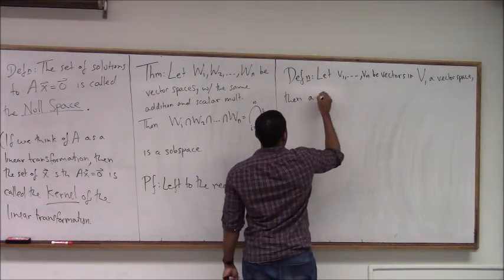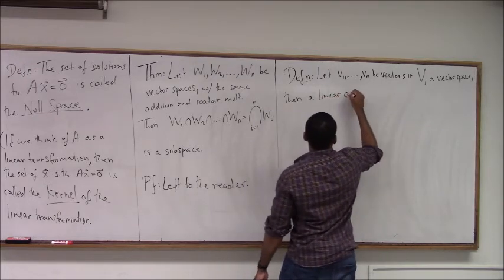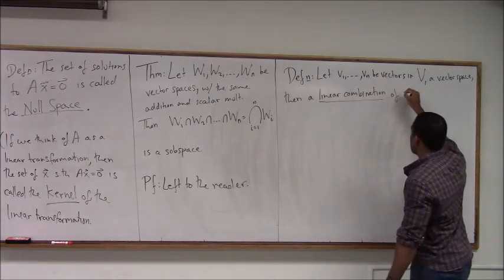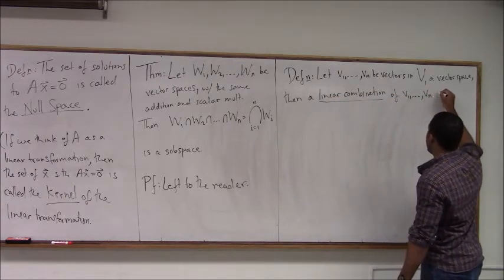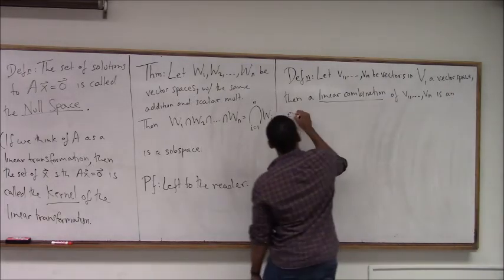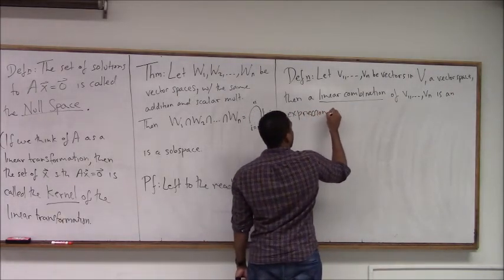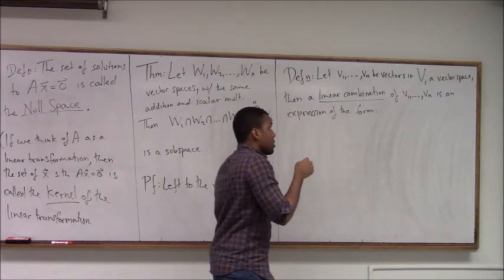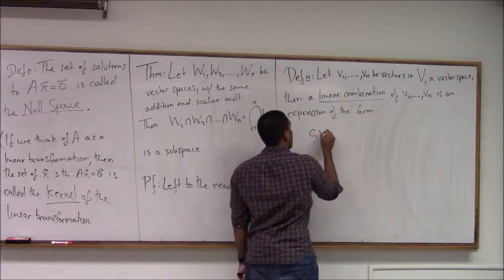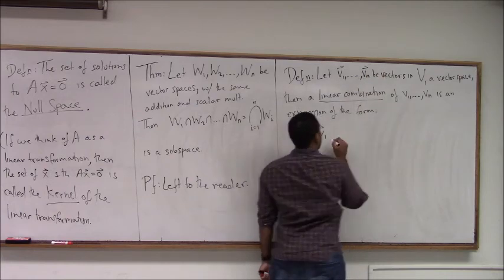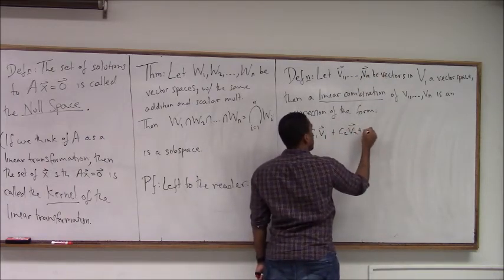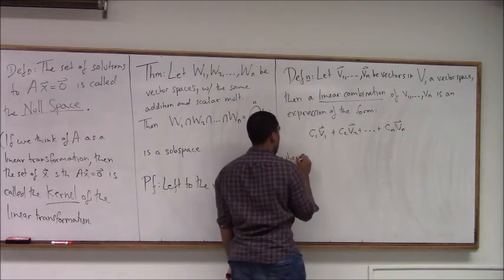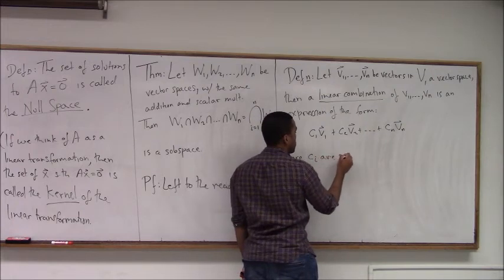Then a linear combination of V1 through Vn is an expression C1 V1, these guys are all vectors, plus C2 V2, plus Cn Vn, where the Ci are scalars.